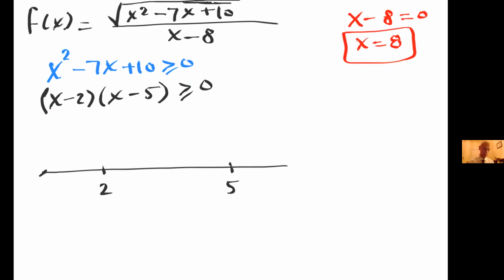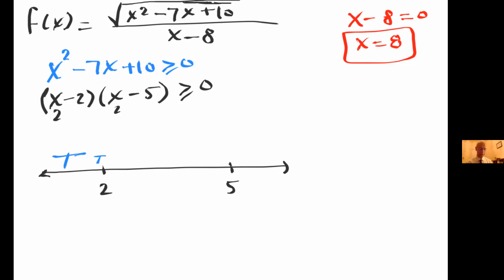Testing numbers, if I test a number to the left of 2, let's say 0, and I plug 0 in for x, I get negative 2 times negative 5, which is positive 10, so that gives me a true statement. 2 itself, plug in 2, that's going to become 0. 0 times anything is 0, so I'm going to put true.